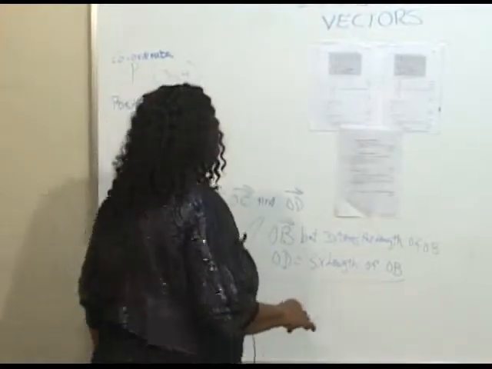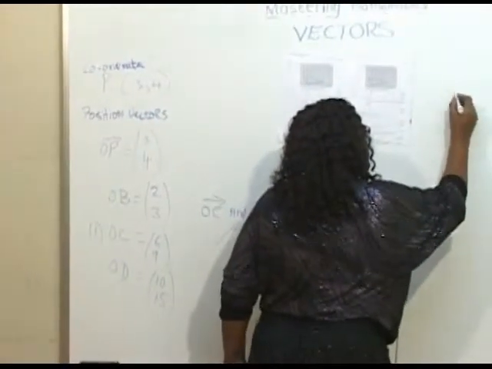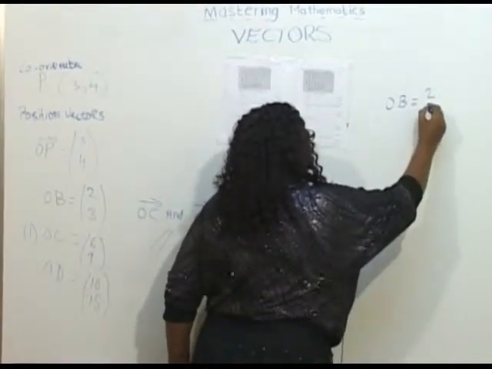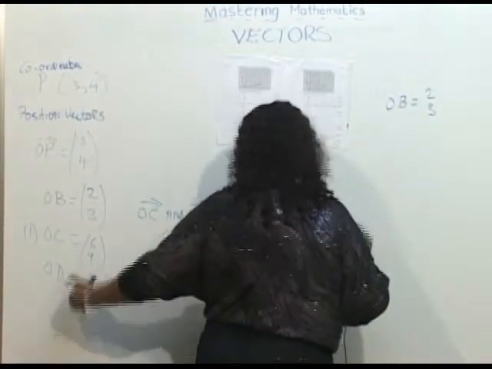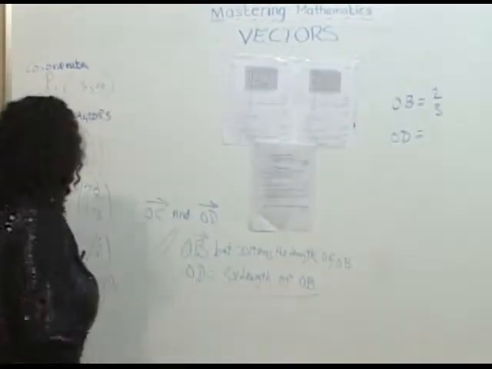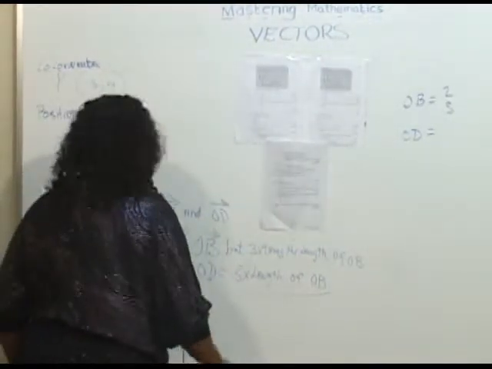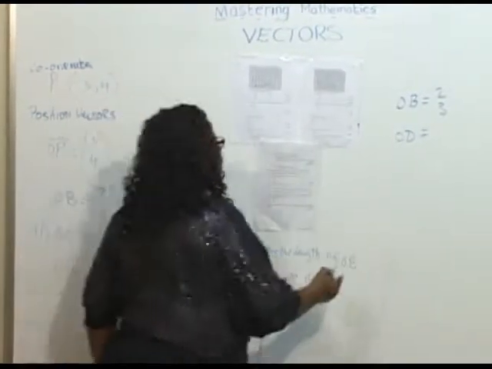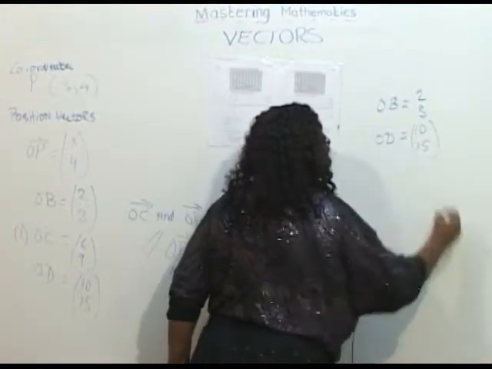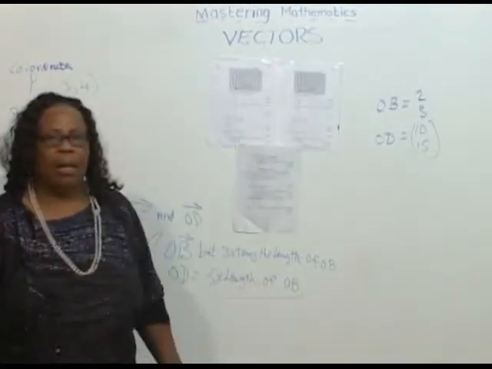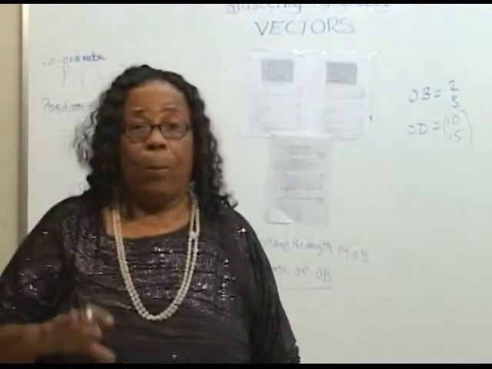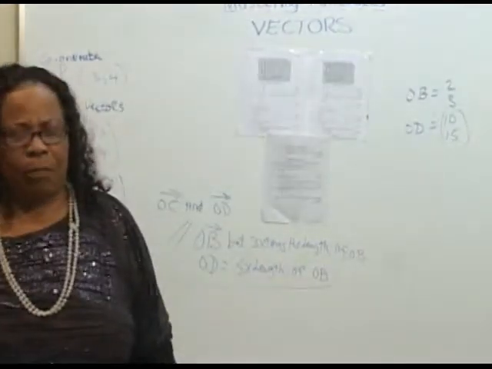I would remind you that we would look first of all and see that for OB, our components would have been 2, 3, okay? And OD, let us examine the components, and we see that we have 10, 15. Does that ring a bell? So again, we teach ourselves to examine numbers, all right? 10 and 15.